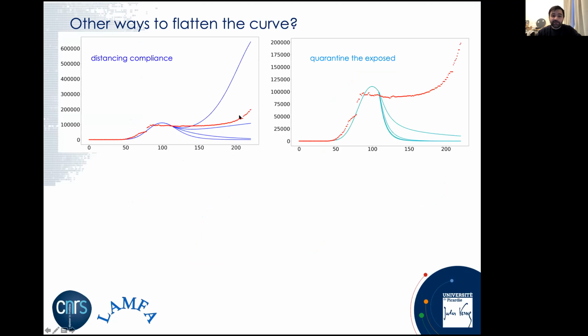If you quarantine only the exposed, this is what is done in the Philippines actually. My PhD student is Filipino and she's now back in the Philippines. When she arrived in Manila, she had to stay 2 days in quarantine to wait for the result of the test. It was negative, so she was allowed to move to another place.